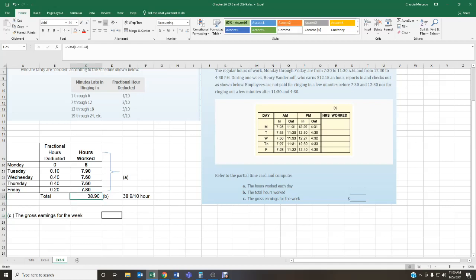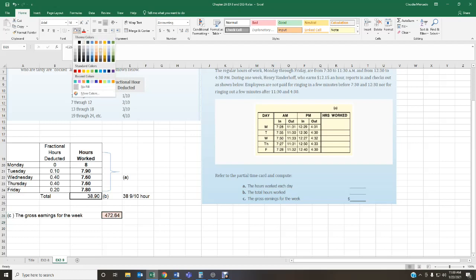Now, requirement C. What is the gross earnings for the week? Well, I know that the employee earned or worked 38.90 hours, and I'm going to multiply that by the regular rate of pay. This employee gets paid $12.15. So this employee is going to make $472.64.